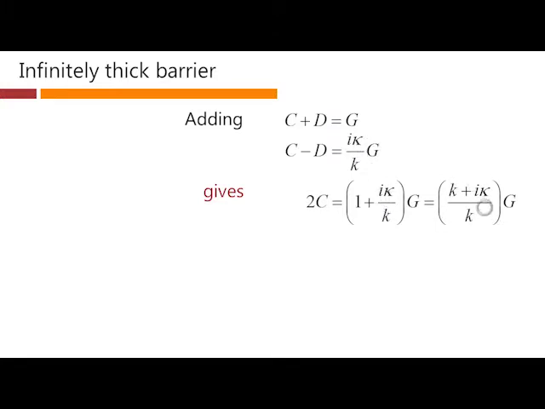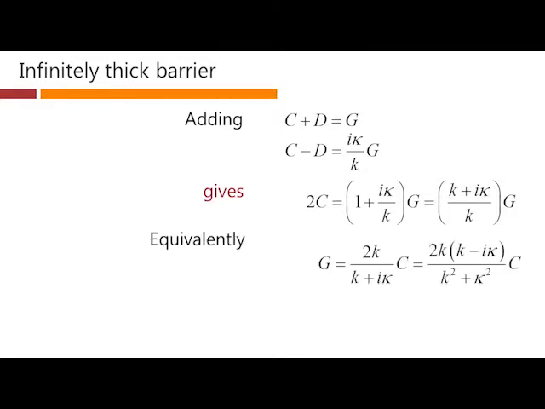I can rearrange that if we want to. Multiplying by k on the top line gives us k plus i kappa over k times g. Equivalently, we can rearrange this, in other words, we can get g in terms of c. In this problem we'll never have to decide exactly what c is, but we do want to know all the other constants in terms of one of them, so we can find g in terms of c.